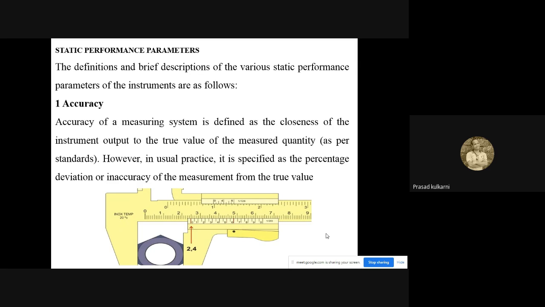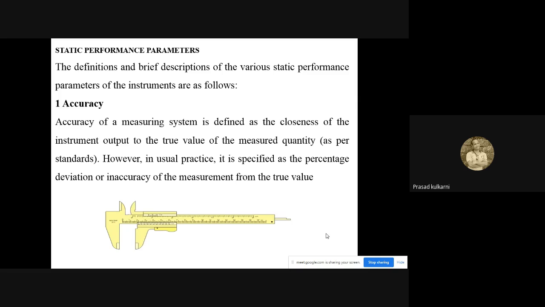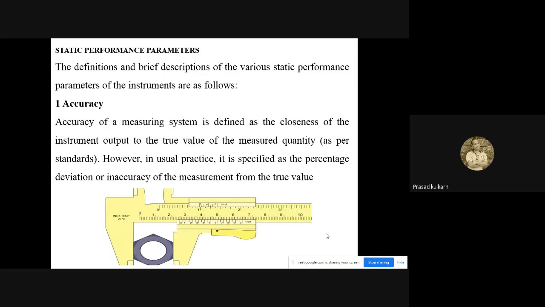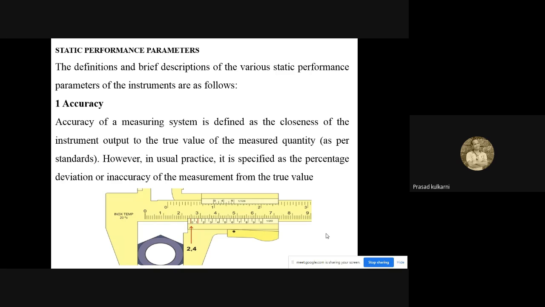However, in usual practice it is specified as a percentage deviation. Accuracy is defined in terms of percentage deviation or inaccuracy of the measurement from the true value.